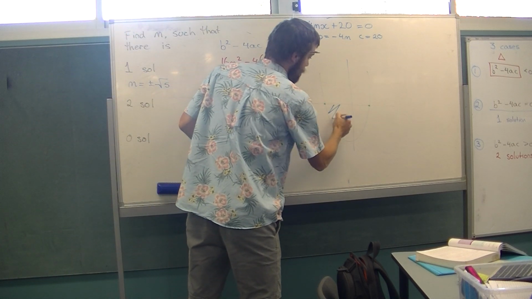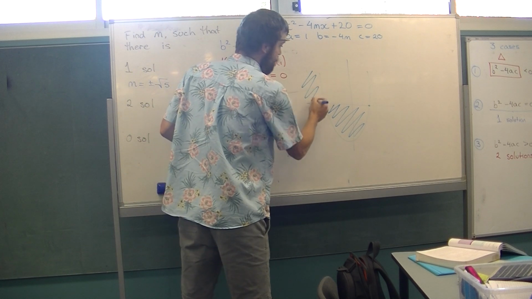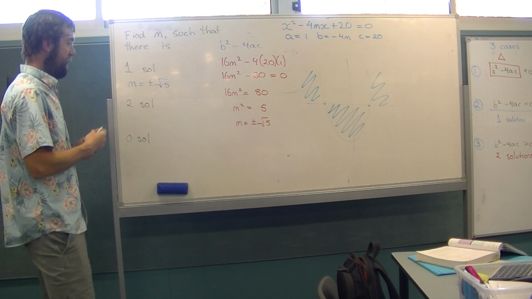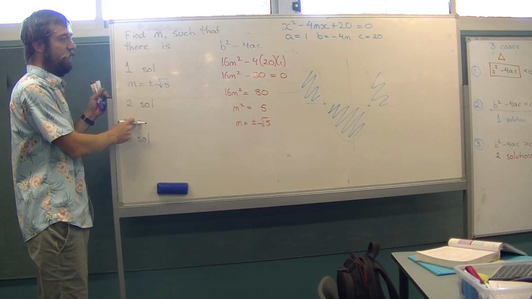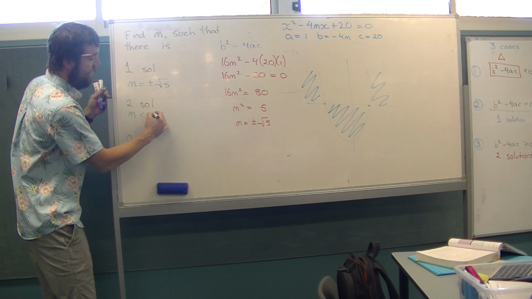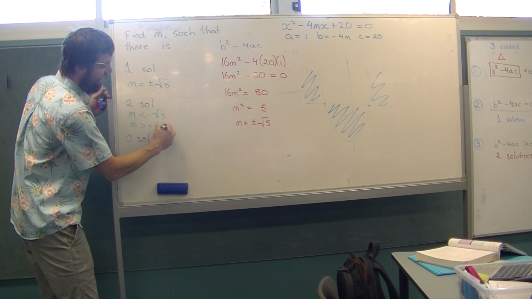Alright, in here is where it's less than 0, yes? Out here is where it's greater than 0. So then write them as inequalities. For two solutions, which region am I looking for? The outside. So I would say that m is less than negative root 5 or m is greater than positive root 5.